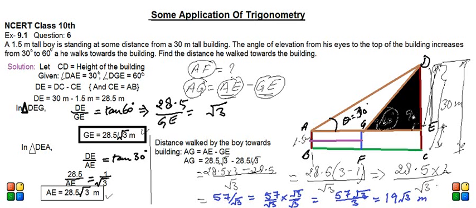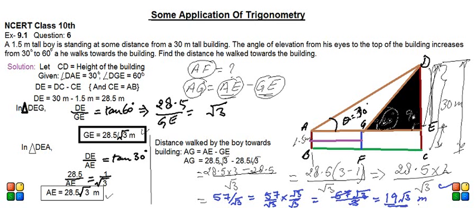I don't want root 3 in the denominator, so I multiply the numerator and denominator by root 3 upon root 3, which is just 1. The denominator root 3 into root 3 gives 3, and the 3 and 57 cancel to give 19, with root 3.